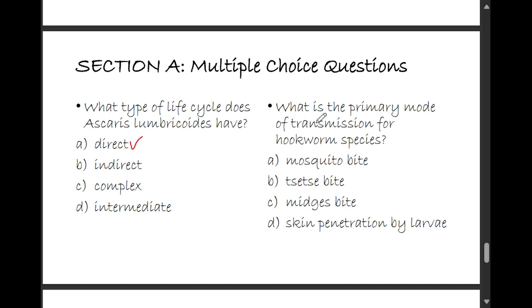Then question two says, what is the primary mode of transmission for hookworm species? A. Mosquito bite. B. Tsetse fly bite. C. Midge's bite. D. Skin penetration by larvae.